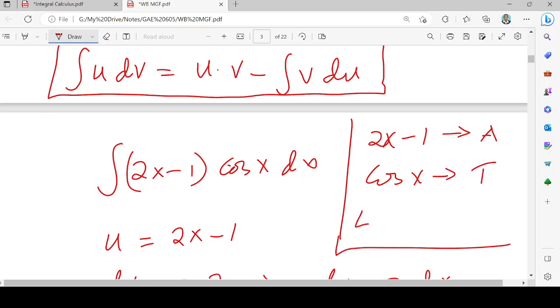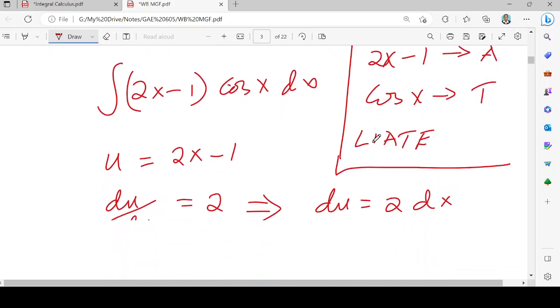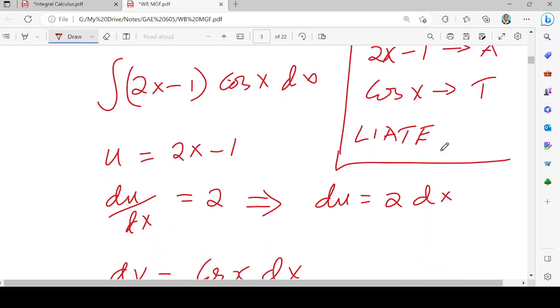Then we check our acronym, LIATE. We notice that A comes before T, and so u is assigned the function 2x minus 1. Then we differentiate that, and then we integrate the other function, which is the cosine function.